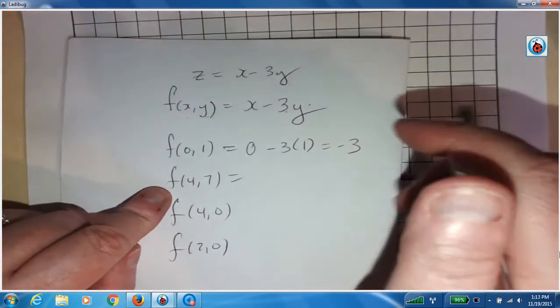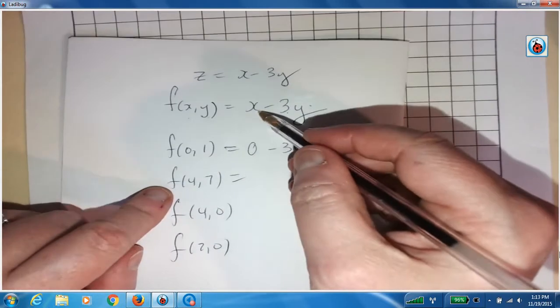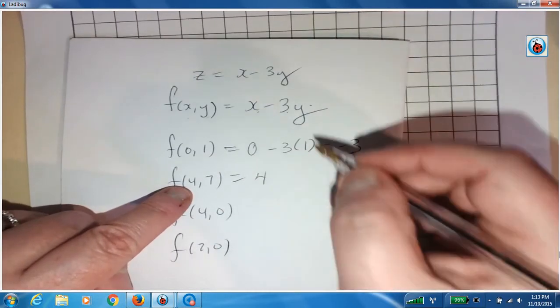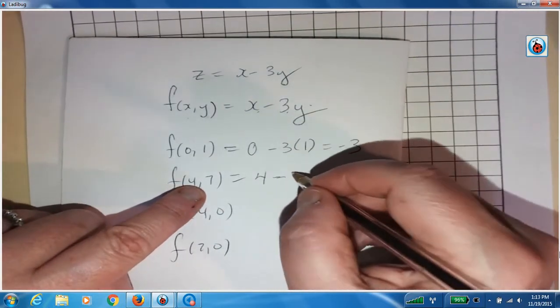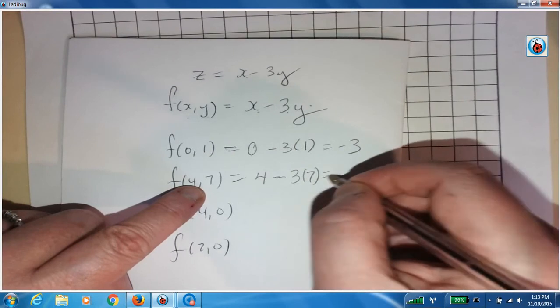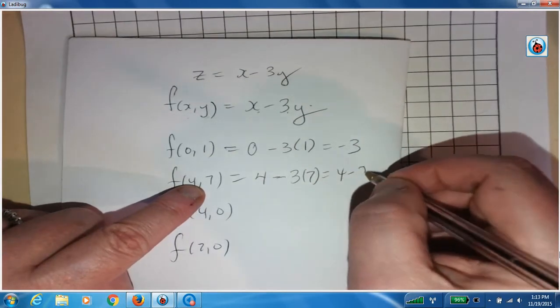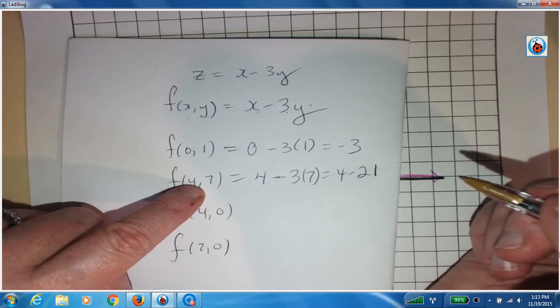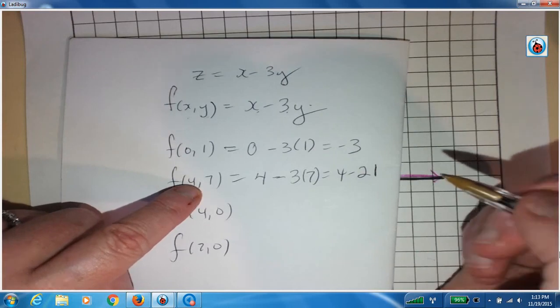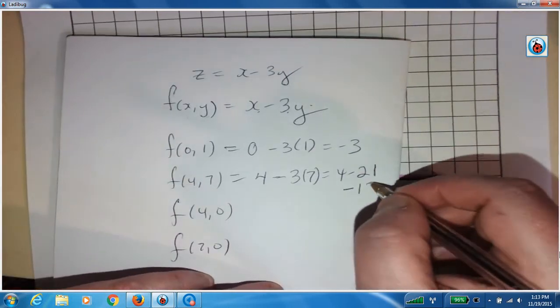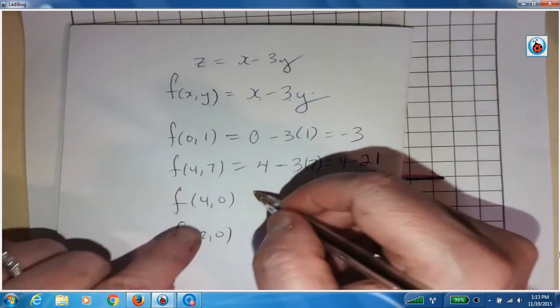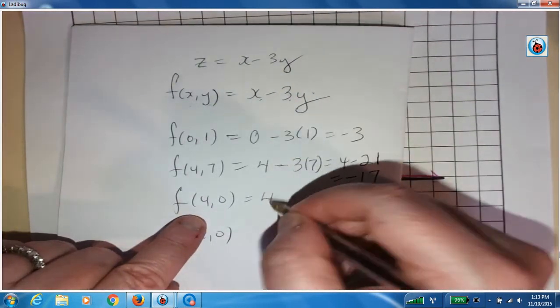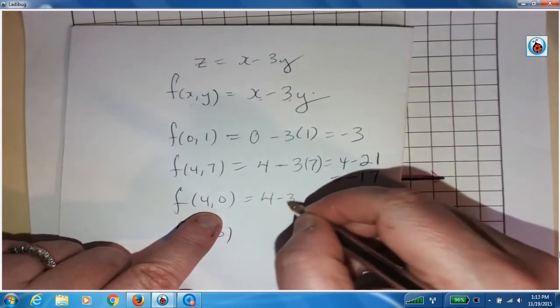For this particular one, I'm going to have 4 minus 3 times 7. So 4 minus 21. And so that's going to be negative 17. And here I'm going to have 4 minus 3 times 0.